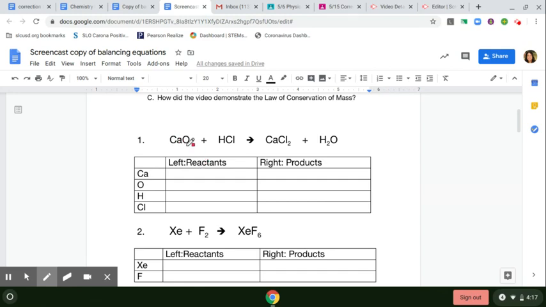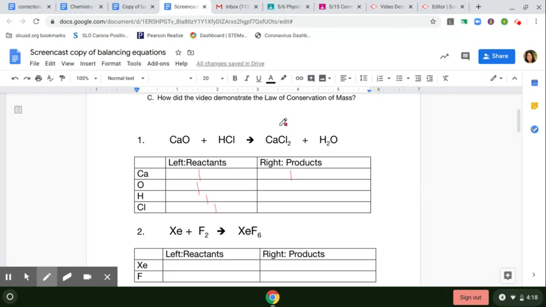On my left side of my equation, I only have one calcium atom right here, and on my right side, I have one also. Then I have my oxygen on my reactant side. I just have one. And I'm just going to keep going down my reactant side. On my hydrogen, I also have one. And my chlorine, that's the Cl, I also have one. So I have one of everything on my reactants.